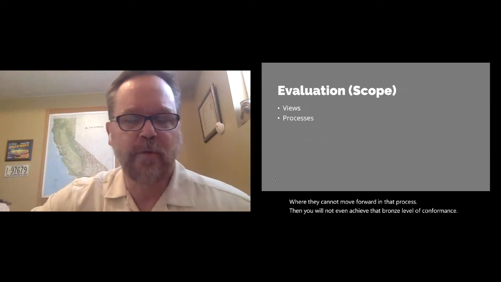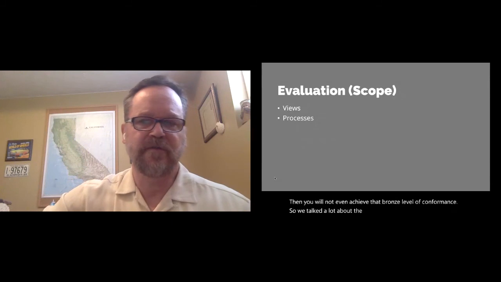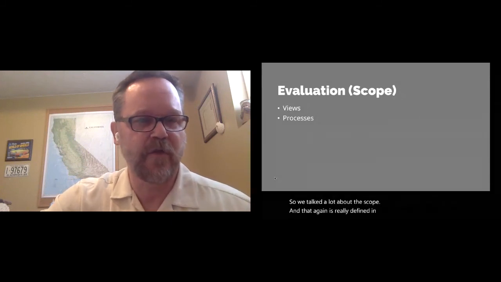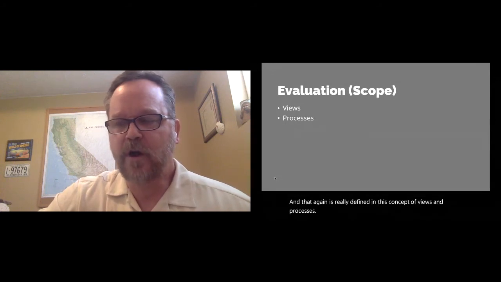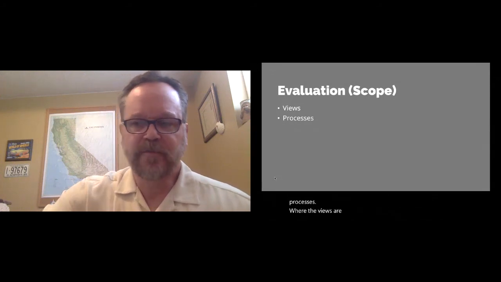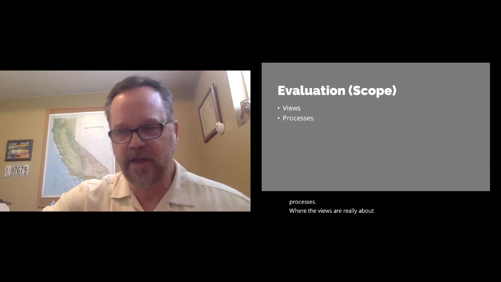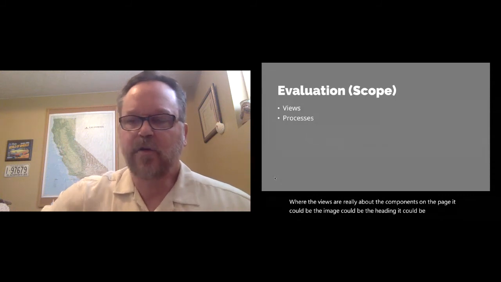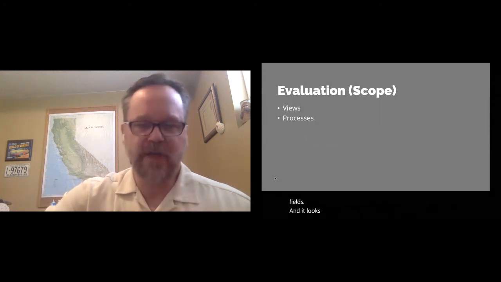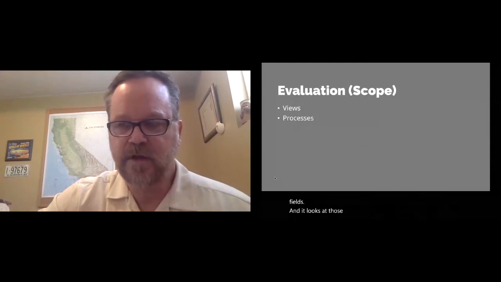So we talked a little bit about the scope, and that again is really defined in this concept of views and processes, where the views are really about the components on the page. It could be the image, it could be the heading, it could be the text fields. And it looks at those and what are the guidelines that you need to support for those views.